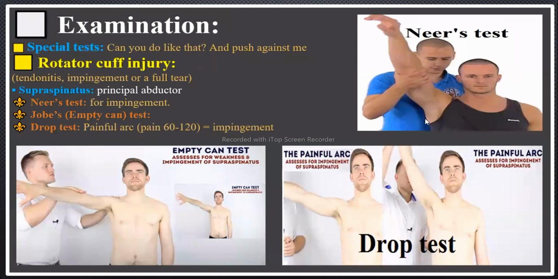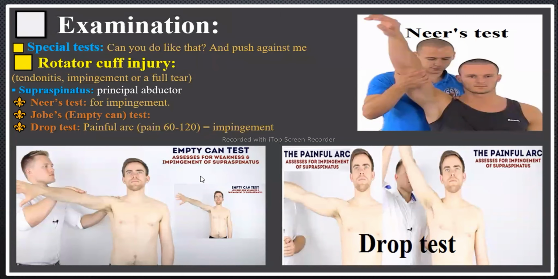So I think MT can test: check his eyes for tenderness, ask the patient to do abduction and push him down. It will be for supraspinatus impingement or tear.